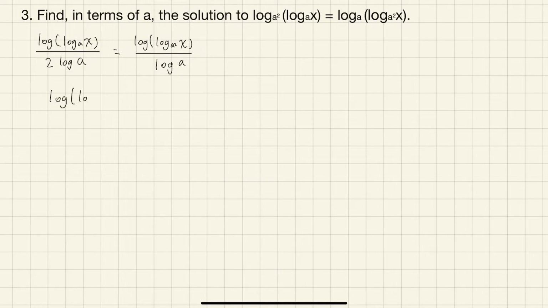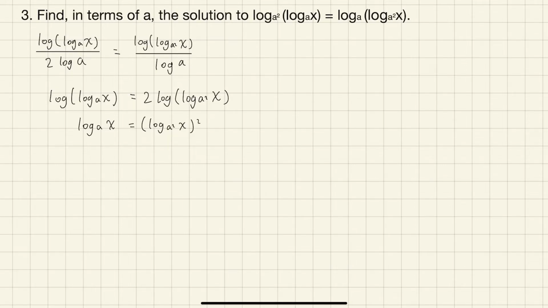This will be rewritten into log base a of x is equal to 2 log base a squared of x. Using the power rule and canceling out the extra logs, it'll become log base a of x is equal to log base a squared of x, all squared.